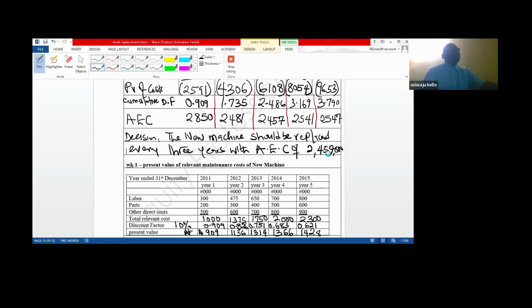Revenue is not involved. So the yardstick for picking year 3 is because our annual equivalent cost is at minimum.